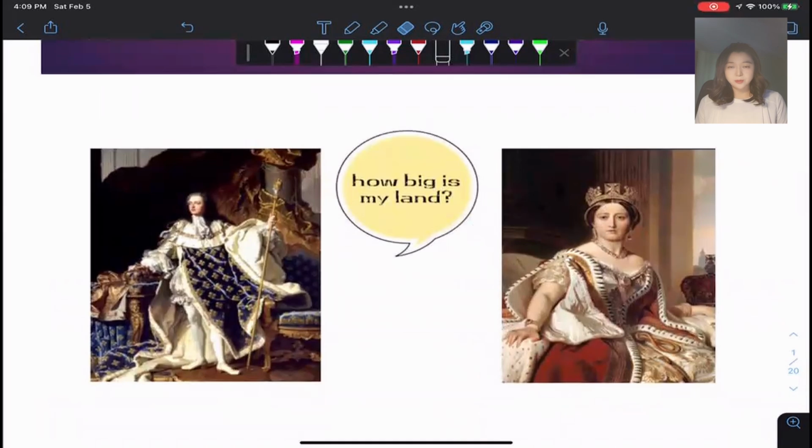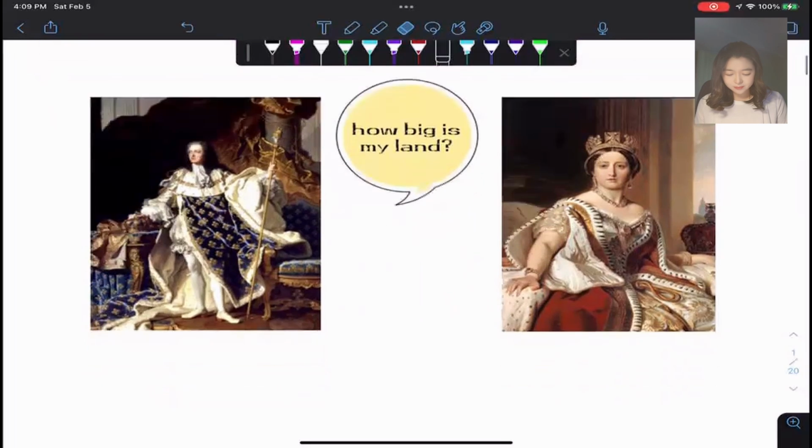Long, long ago, there were kings and queens who wanted to know their own area and the distance from Earth to the universe, since it is indispensable for them to control their own country and read their future.